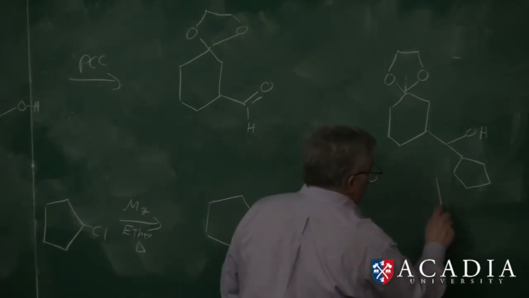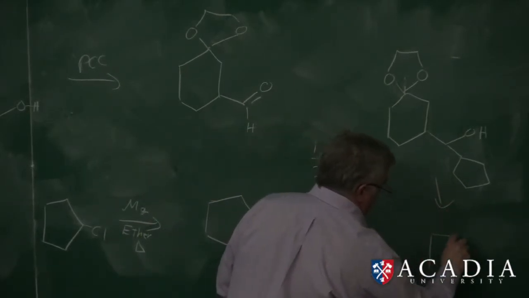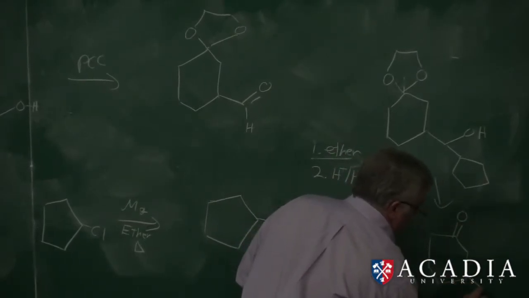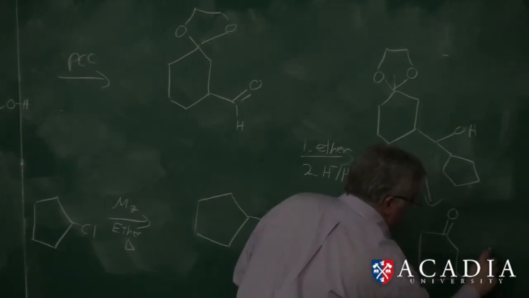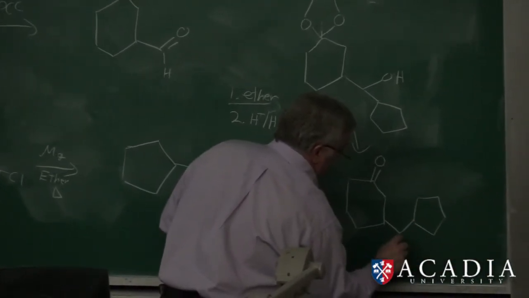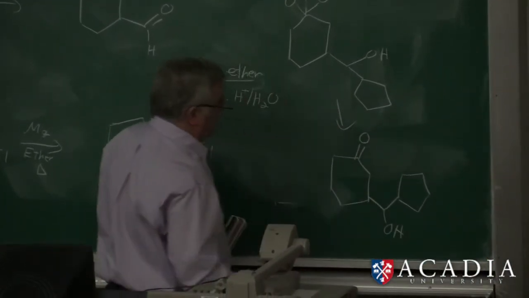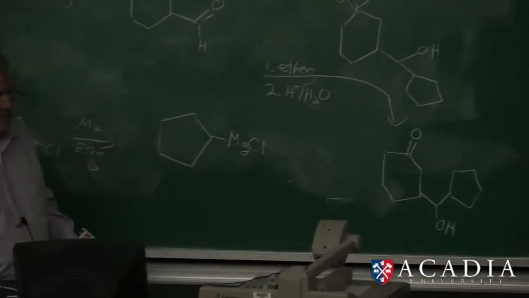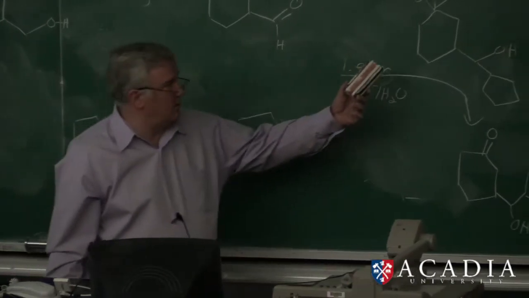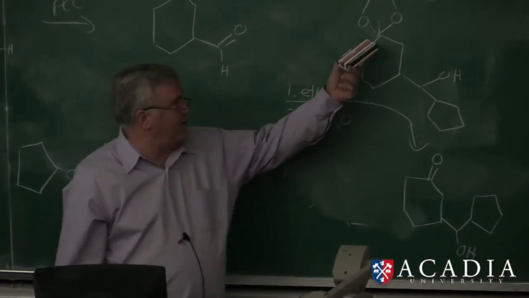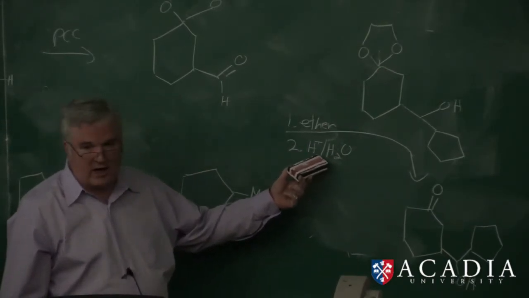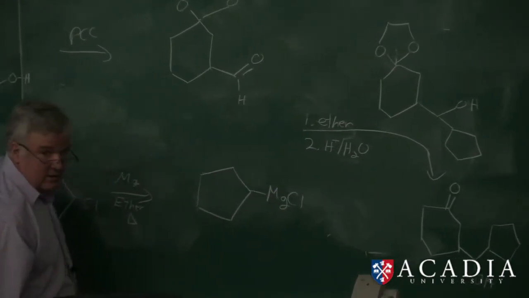So there we go. This kind of happens all at once, okay, via here. The H plus H2O, that's what you use to deprotect this. So the last step actually works very nicely to deprotect everything.